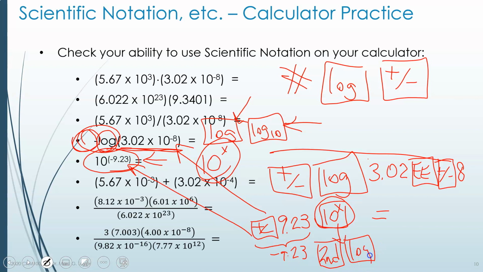And that is basically telling your calculator, don't use the log, use the function written above the log, which is the 10 to the x function. So you change the sign to negative, you type in your number, and you represent this button by hitting second and then the log button that it's actually attached to.